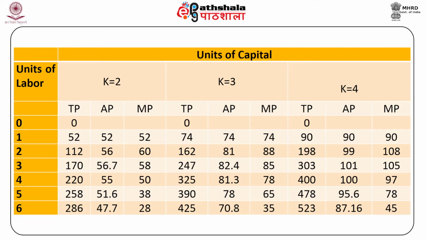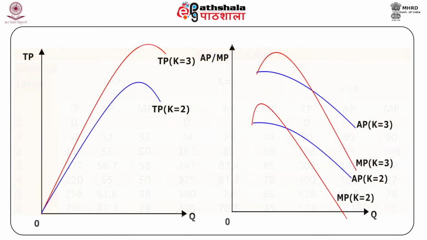Notice in Table 1, when capital increases from 2 to 3 units, the total product of two workers increases from 112 to 162, and if capital is further increased to 4, the total product increases to 198. Graphically, the total product curve shifts upward with an increase in the unit of capital employed.